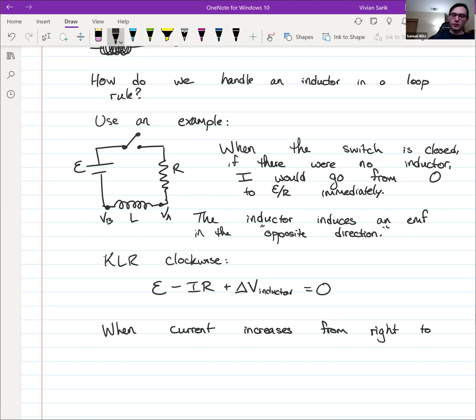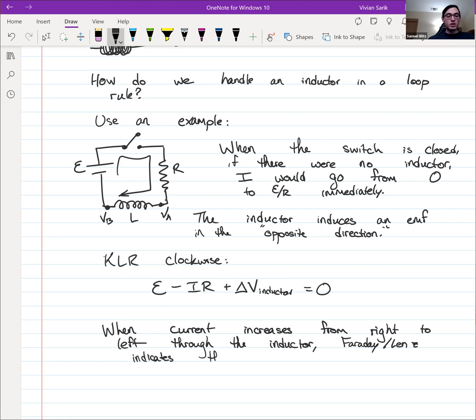through the inductor. So the current would flow from right to left through the inductor, right? According to our guess. So when the current increases and it's flowing from right to left, Faraday and Lenz's law, I'm just going to abbreviate Faraday Lenz, indicates that the induced current opposes that.